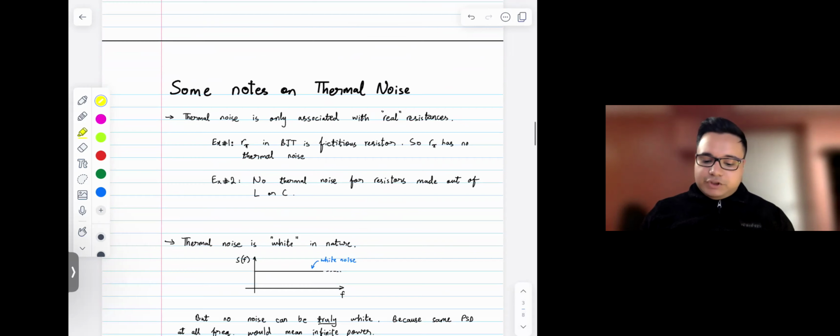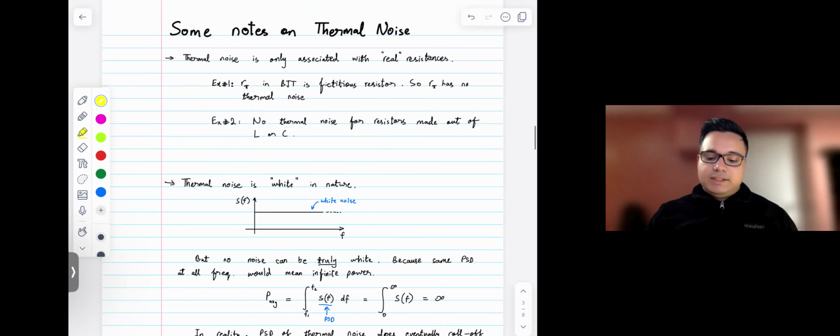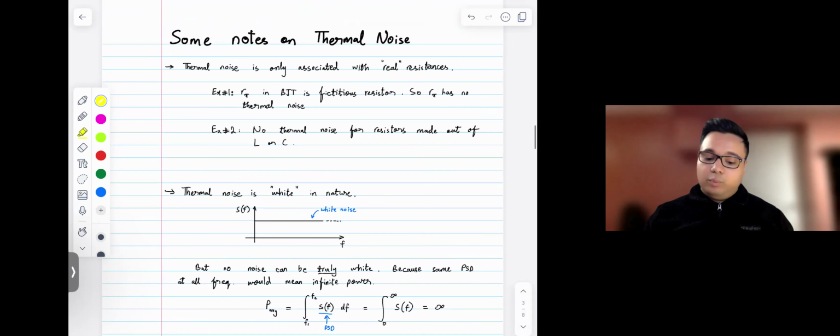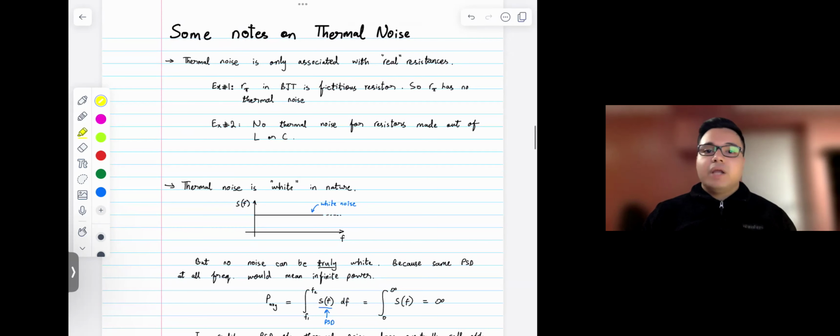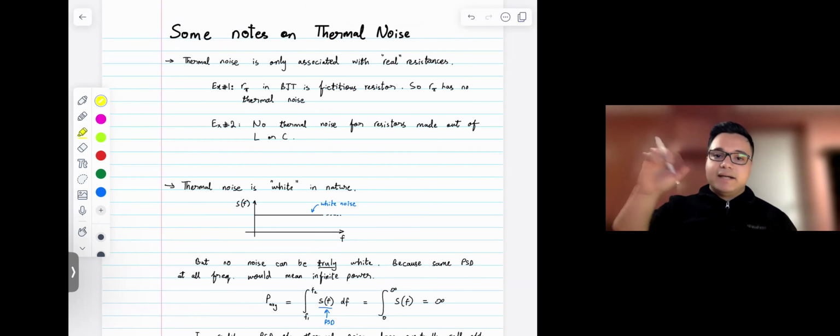All right, so a few notes about thermal noise in resistors. The first thing is that thermal noise is only associated with real resistors. As an example, if you've studied BJTs, you would have seen that we model BJTs and there's this resistance called r pi. That resistance is a fictitious resistance. It's not something real inside a BJT.